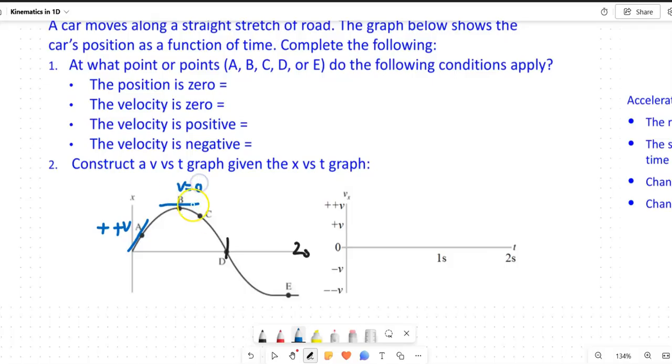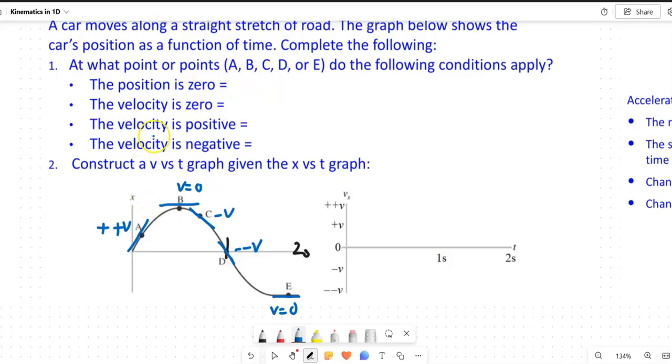So that slope is 0. Here, we have a negative slope, but it's not too steep. But in D, it becomes really steep. So I'm kind of just thinking in terms of tangent lines. So this slope is much more steep than that. And then finally, in E, that is a velocity of 0.